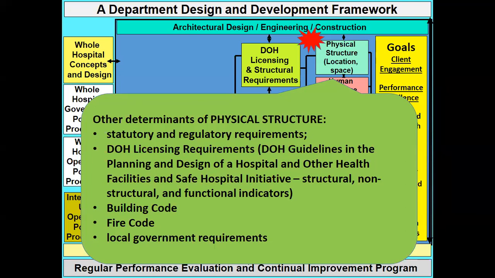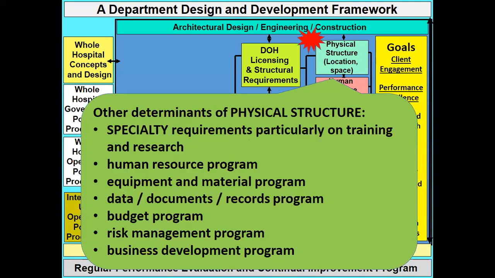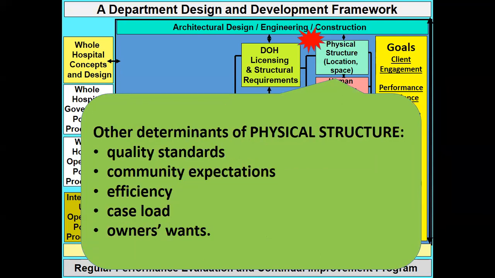Then the building code, fire code, local government requirements, specialty requirements, particularly those with training programs and research program, human resource program, equipment material program, data, document, and records program, budget program, risk management program, business development program, quality standards, community expectations.